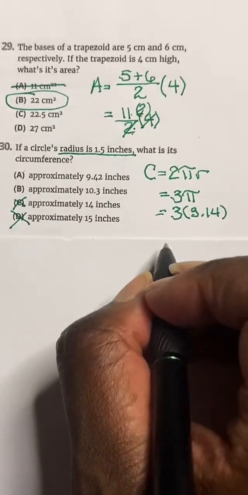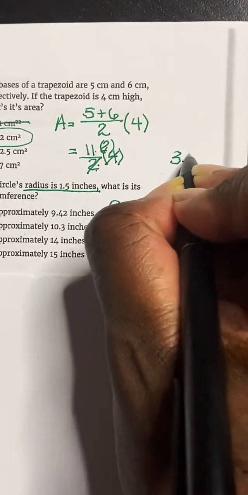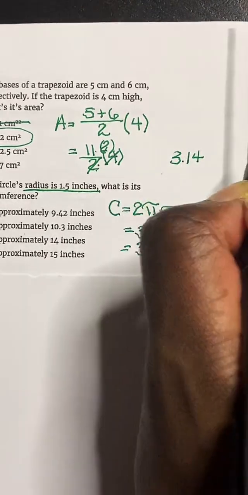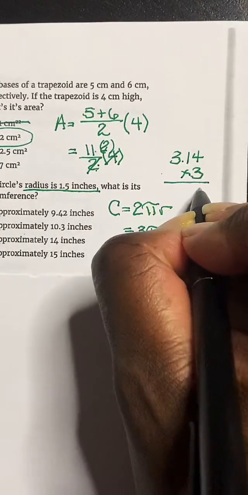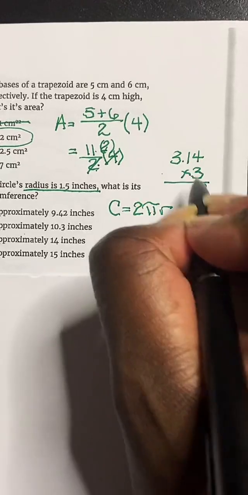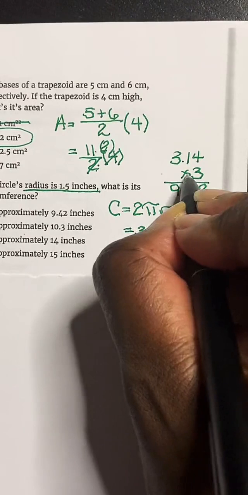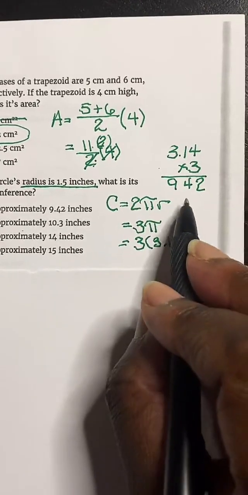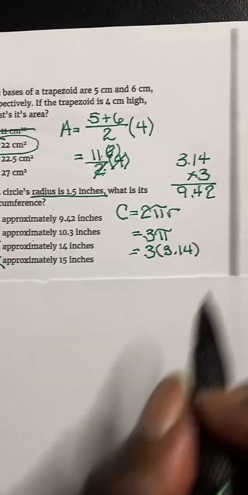Because let me slide up here for a second. If I have my 3.14, I'm just doing the rounded right now, because we all know that pi is never ending. At least this will give you an idea of what to do. Okay, so right here I got 9.42 because I used that pi.